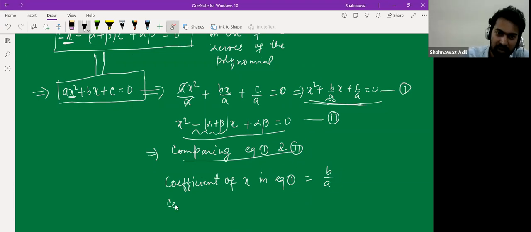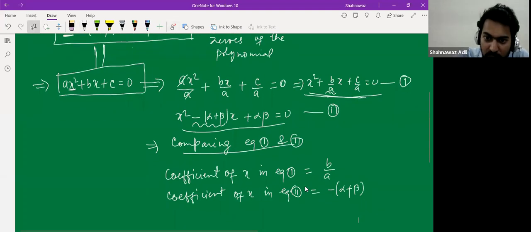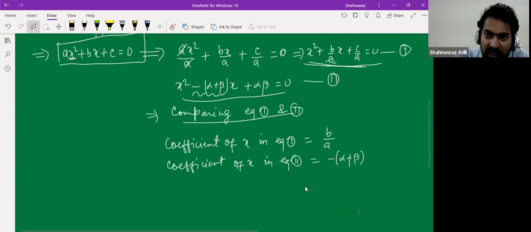And what is the coefficient of x in equation 2? Minus of alpha plus beta. Understood? And both these equations are equal, so the coefficients should be equal, no?